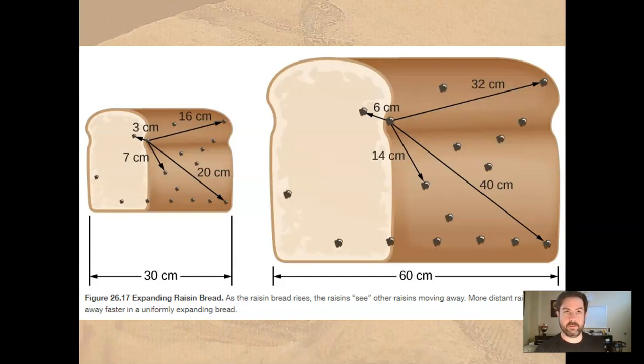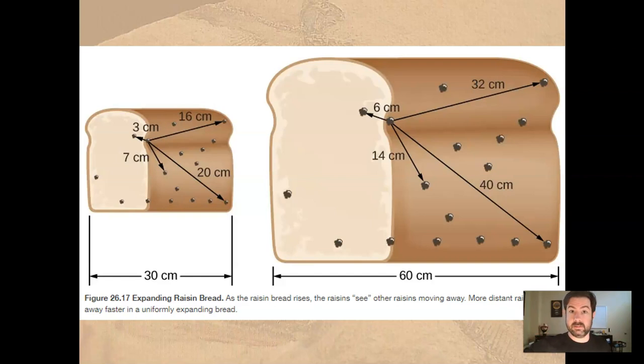So this raisin has traveled an additional 3 centimeters in 1 hour. Well, the furthest raisin from us went from 20 centimeters away, now 40 centimeters away, in that same amount of time. So it's traveled 20 centimeters away from us in 1 hour. So it's traveling 20 centimeters per hour.